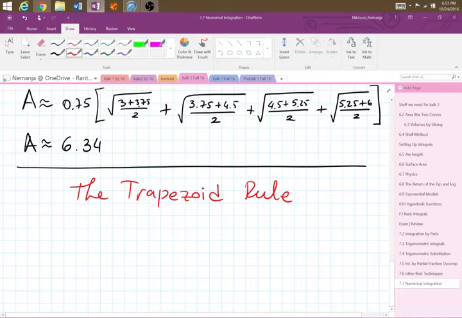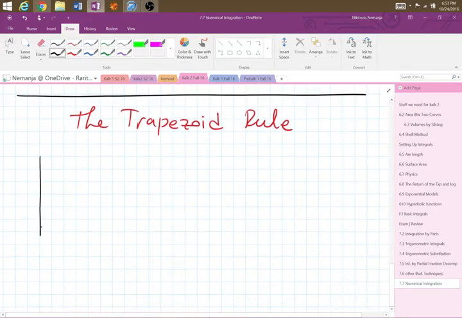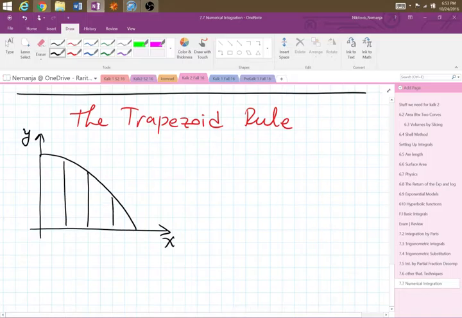A trapezoid rule. So we draw a function again. I'm going to exaggerate more this time, like this. And we divide this. I'll divide again into 4.